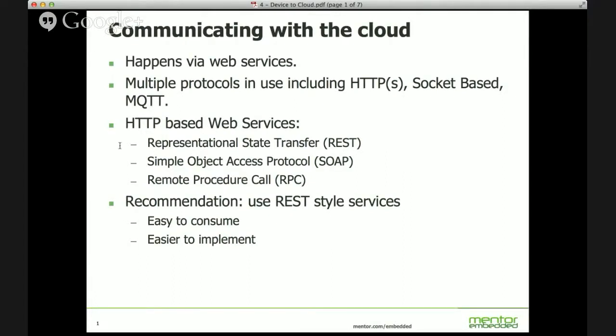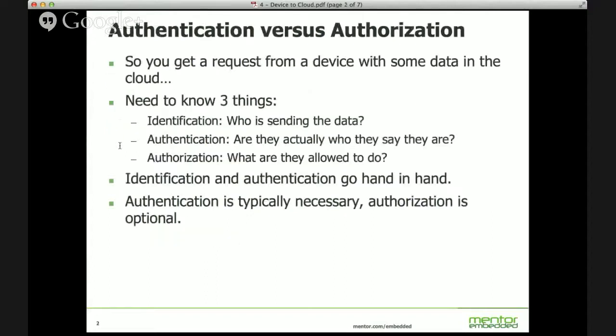So from a web service standpoint, when we have HTTP web services, there are 3 different kinds: REST, SOAP, and RPC type of messages. In industry right now, REST is kind of taking over, and REST is representational state transfer. Those kinds of web services are taking over because they're a lot easier to consume from a consumer standpoint, and also from a web service implementation perspective, it's pretty easy.